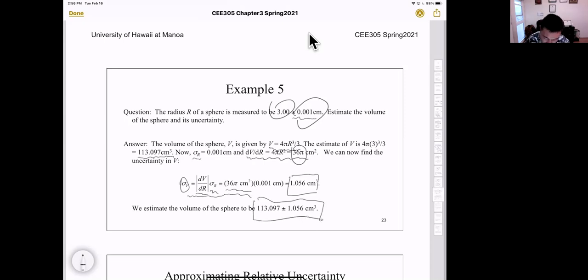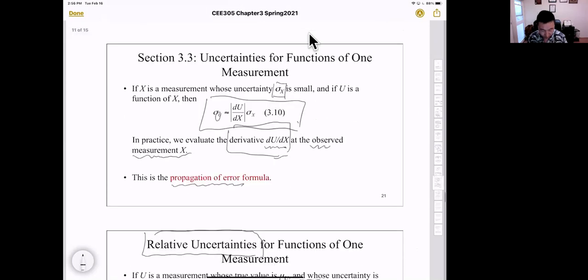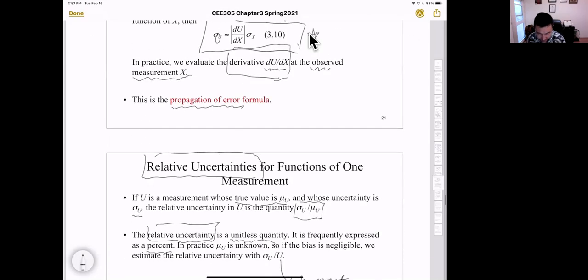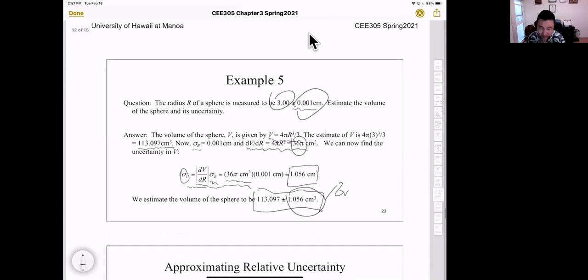We used the propagation of error formula in this example, where we need to calculate the derivative du dx, and in our case it is dV dr.